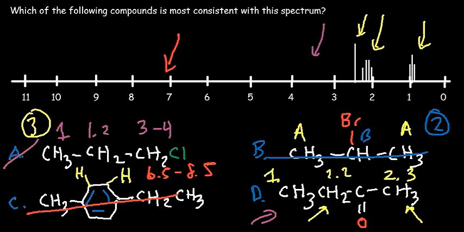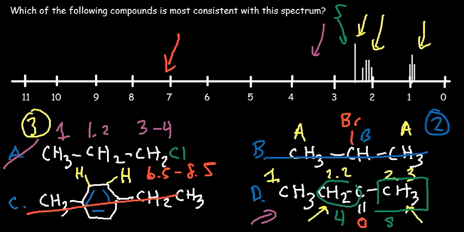Now, to confirm the answer, you can look at the splitting pattern. Here, this methyl group is adjacent to a carbon that has no hydrogen, so using the n+1 rule, it's 0 plus 1, it's going to appear as a singlet. And we do have a singlet around 2.4. Now this CH2 is adjacent to a CH3, so 3 plus 1 is 4.